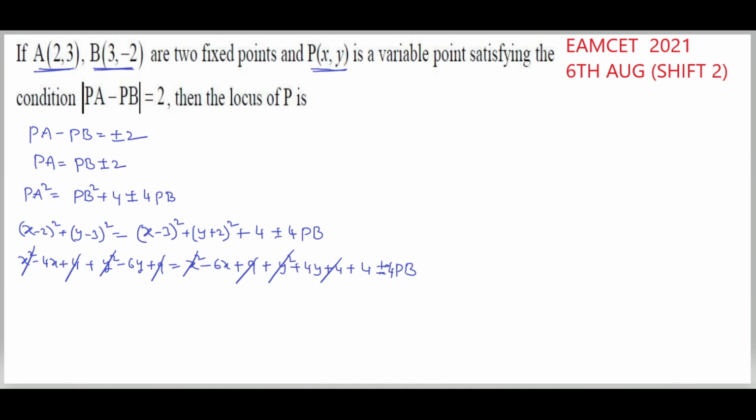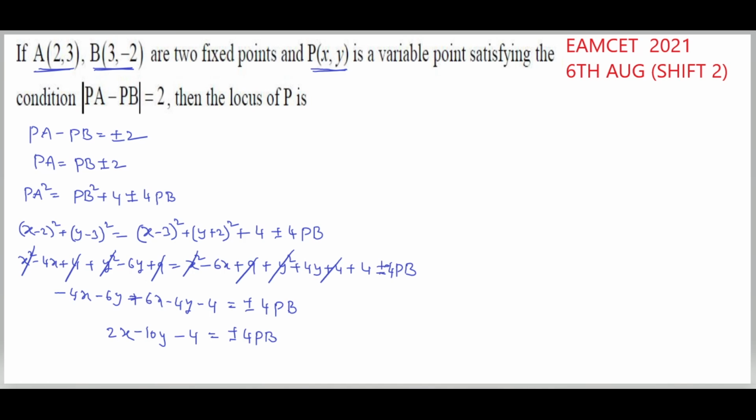Here minus 4x, take this side, that is minus 4x minus 6y is equal to plus 6x plus 4y minus 4... that is equal to plus or minus 4 PB. This is minus 4x plus 6x, that is 2x, minus 6y minus 4y, that is minus 10y, minus 4 is equal to plus or minus 4 PB.